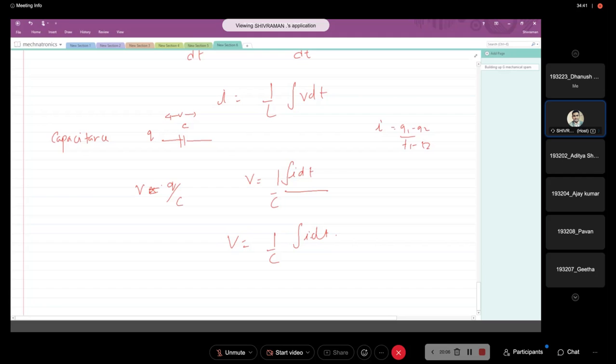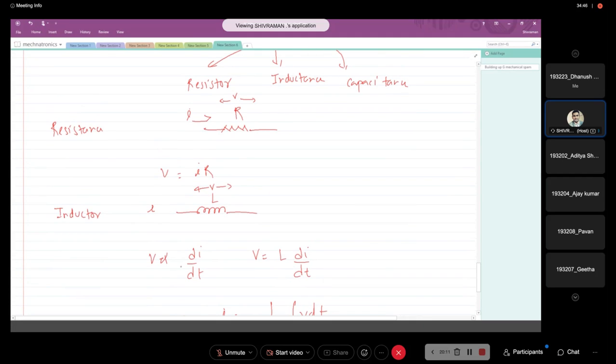So these are the basic equations for the resistance, inductor, and capacitor. In an electrical system, the inductor and capacitor are used to store energy, and the resistor, a resisting element, generally dissipates energy in the form of heat. So that will be P equal to V square by R. As it is a dissipating element, it is analogous to your dashpot.